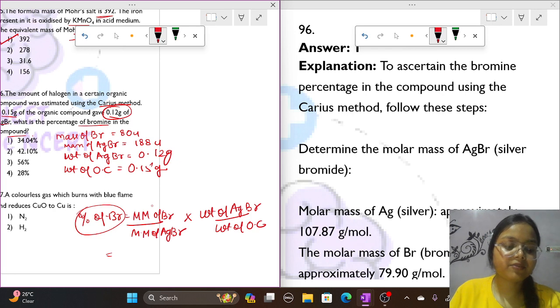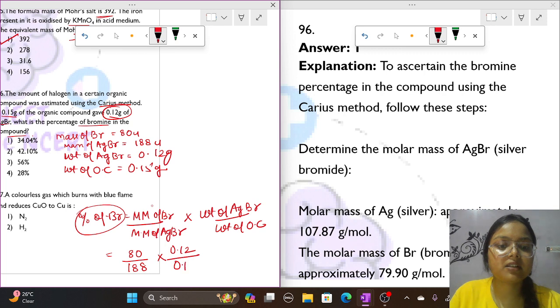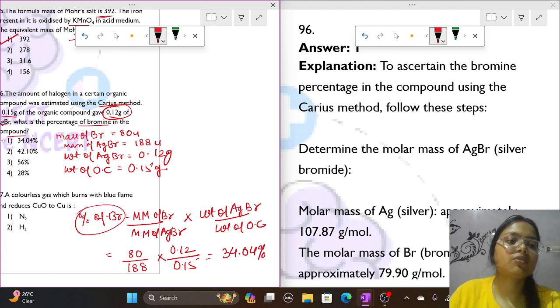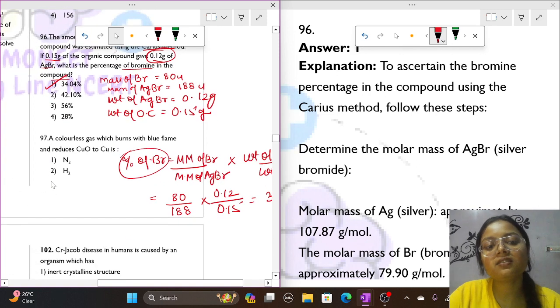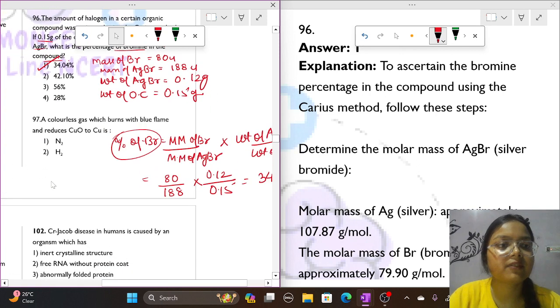So molar mass of bromine is 80 and molar mass of AgBr is 188. Then weight of AgBr given as 0.12 and weight of organic compound is 0.15. So upon this comes out to be 34.04%. So option number 1 is the correct answer. Like this we can calculate the percentage of bromine, right?